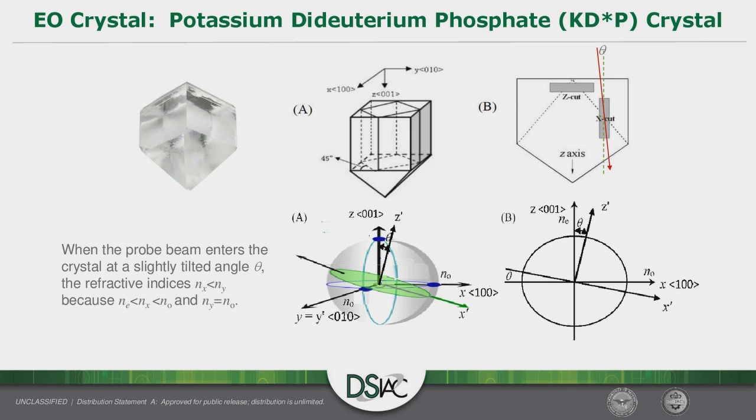Actually, n sub e becomes larger, and n sub o in this case becomes smaller. So now the refractive index in x prime is smaller than the refractive index in the y direction. That's how we create different refractive indices in x and y directions. Next, please.